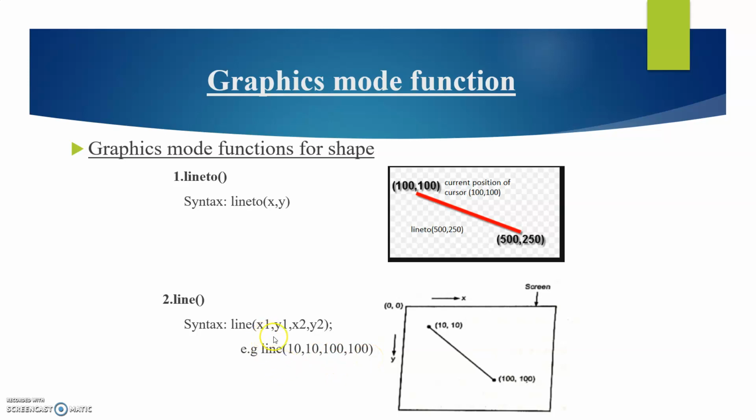Here the x1 value is 10, y1 value is 10, x2 value is 100 and y2 value is 100. These are x1, y1. This is our point 1, which is 10, 10, and then we are drawing a line from this point to 100, 100.